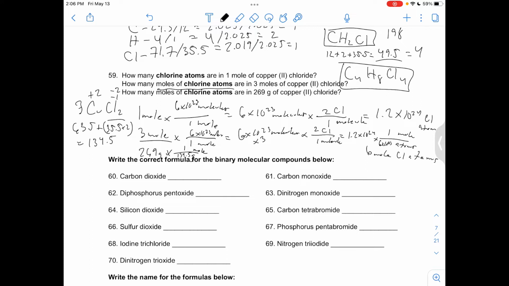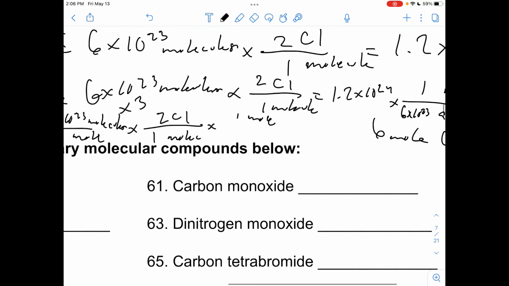Okay, I'm going to just put it all in the same equation. So for every mole, there's 6 times 10 to the 23rd molecules. And for every 1 molecule, I have 2 chlorine atoms. And then I'm going to take my chlorine atoms and divide it into 1 mole again. 6 times 10 to the 23rd atoms in 1 mole. Sorry, that's kind of messy.